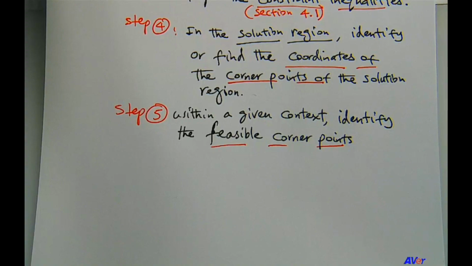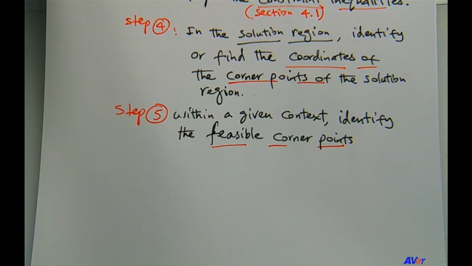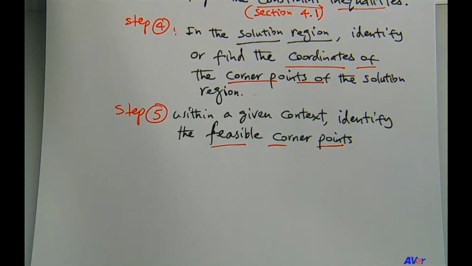For example, if you want to maximize manufacturing a set of products, if one of the corner points for maximizing a profit is 0, 0, or the point of origin, then that's not a feasible corner point, right? Because if you choose 0, 0, that means you don't have a business because you're not manufacturing any of the products.